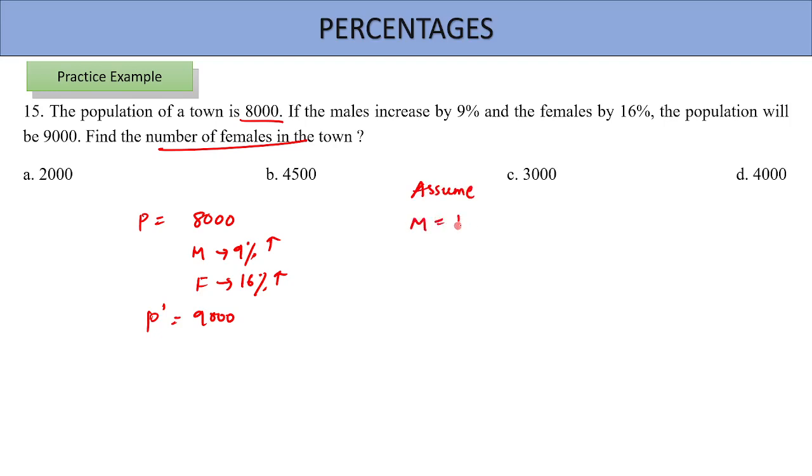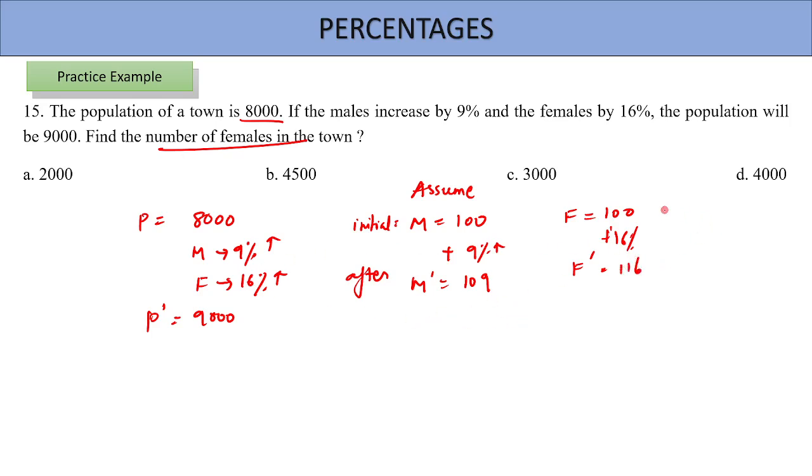So you assume that your male is 100, and for simplicity, I will assume my female is also 100. This is my initial. And afterwards, what will happen? My male increases by how much? 9%. So my new number of males will be 109. And my female increases by 16%, which is 116.